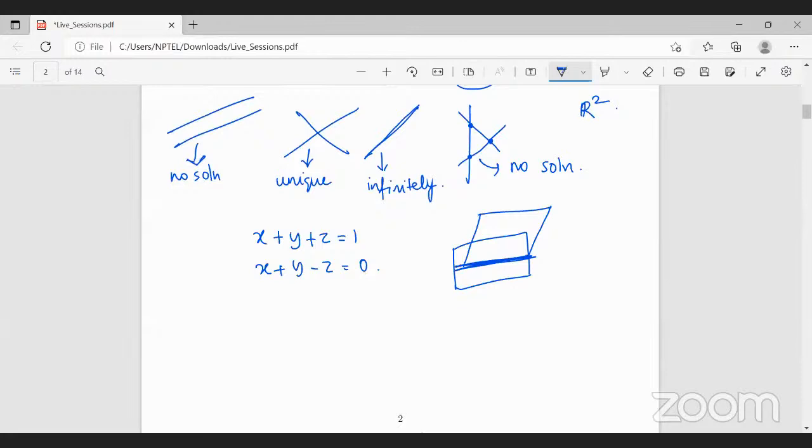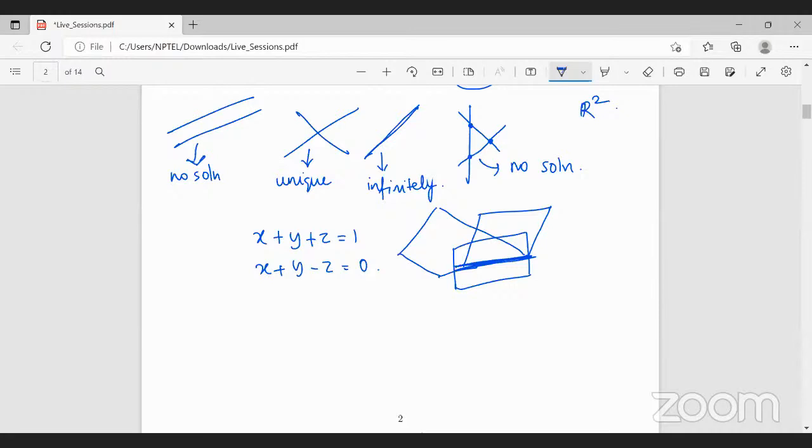So if you have just two planes, you will either have no solution or infinitely many solutions. But now suppose I introduce a third plane. Then it is possible that they have a unique solution. They can intersect at exactly one point.